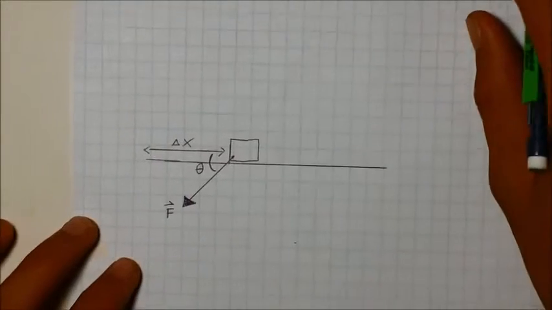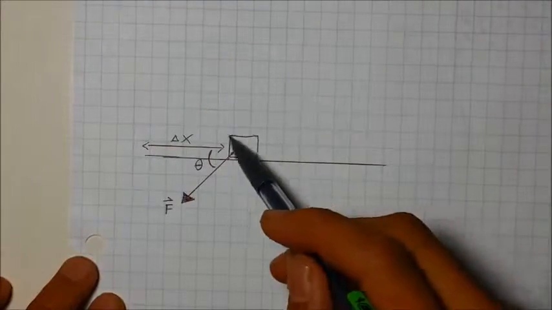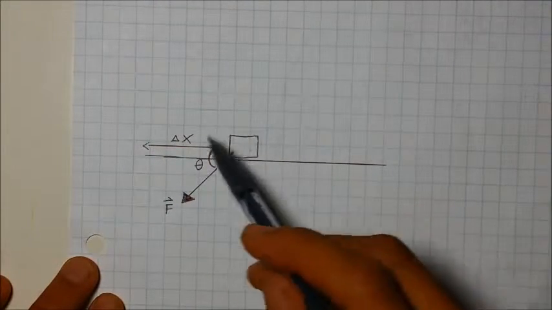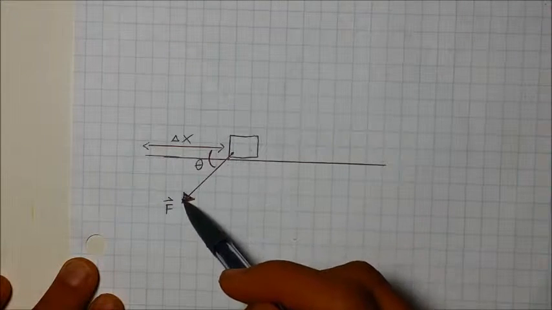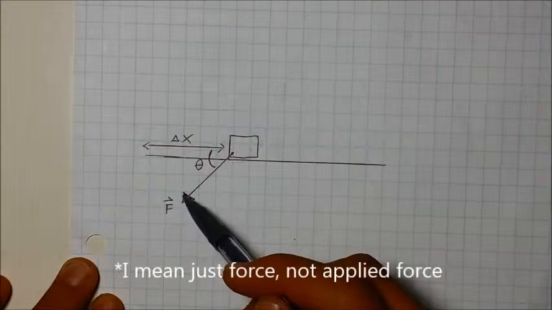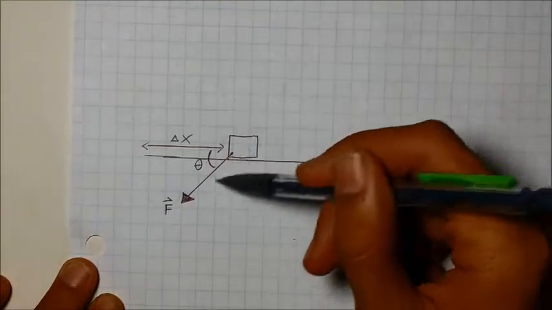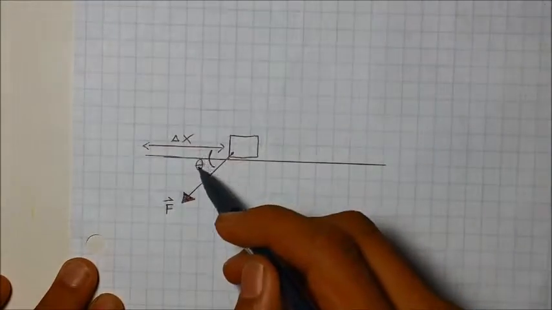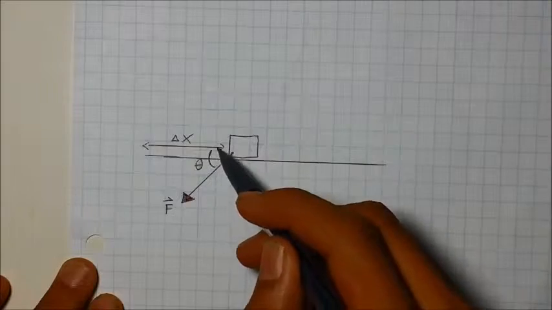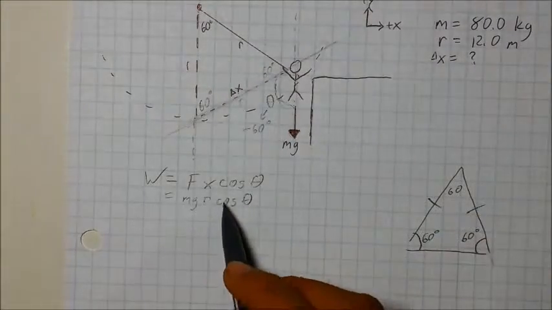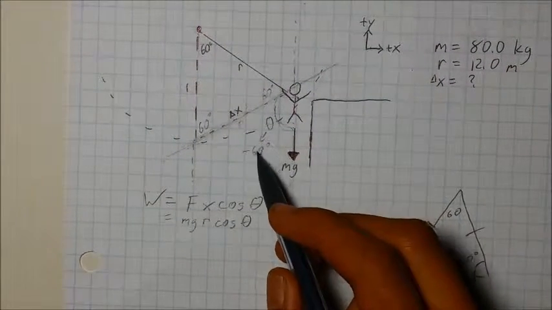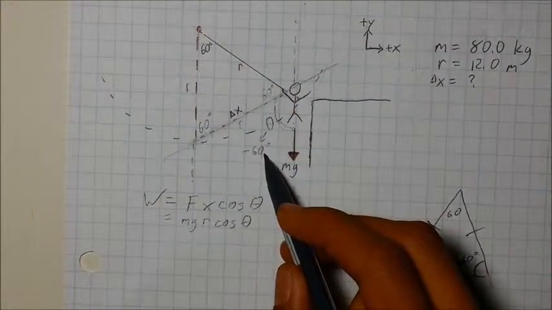I've drawn it again down here so it's easier to see. Let's say this square is Batman. His displacement is going horizontally, and the applied force, or the weight, is going this way. So we can see that theta would be negative. Going back to our equation, we found that theta is negative 60 degrees.